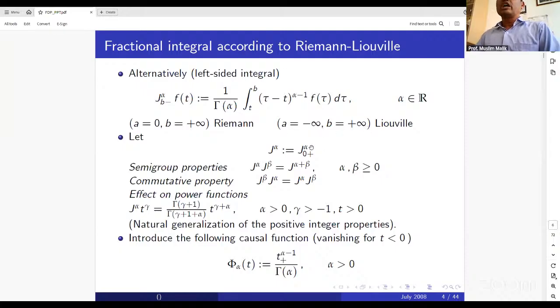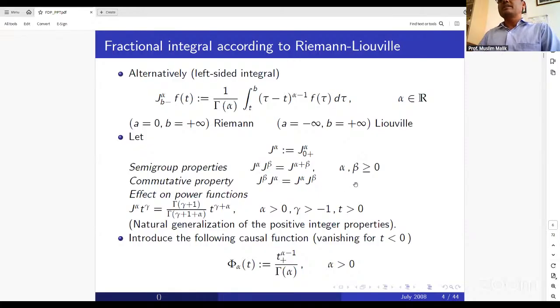So in both ways, we can see that these fractional integral operators satisfy this property, the semigroup property, meaning they commute with each other. The first property is called the semigroup property, and this one is called the commutative property.